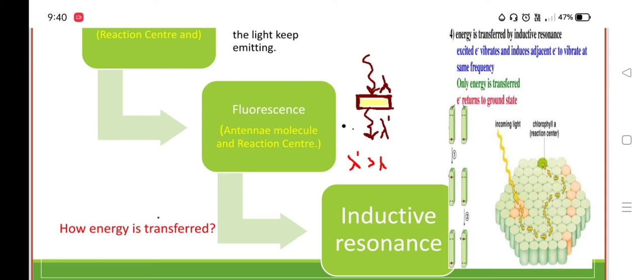These accessory pigments have a very close association with each other. The pigment which absorbs the light transfers the energy by vibrating to another molecule. Lastly, in such a manner they transfer the energy to the reaction center.